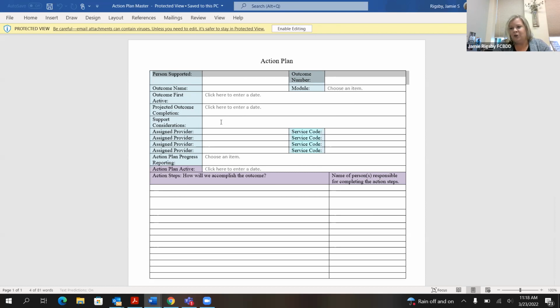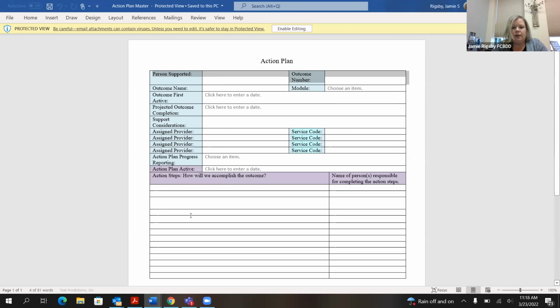It just depends on who is writing it, because everybody has different writing styles. But basically, a support consideration is the things that you need to keep in mind when you're providing the service to this person. These are things to consider when you're supporting the person to complete steps of their outcome. And you'll see that more in detail when we have our completed ones.